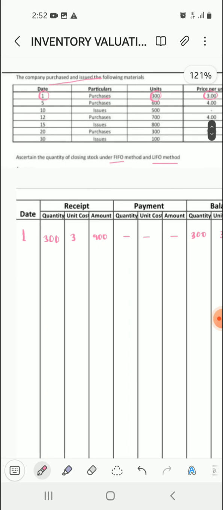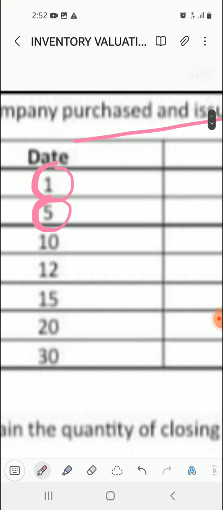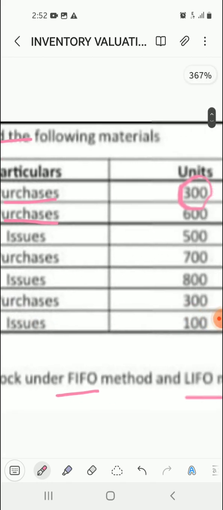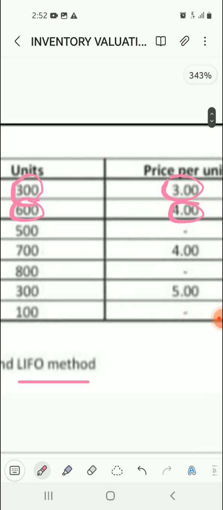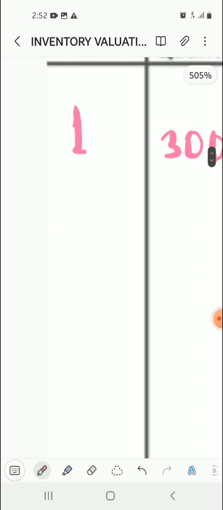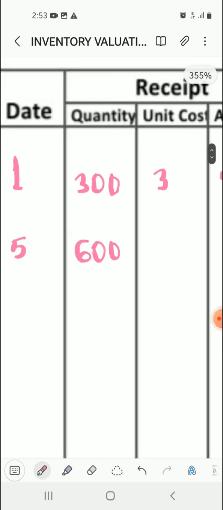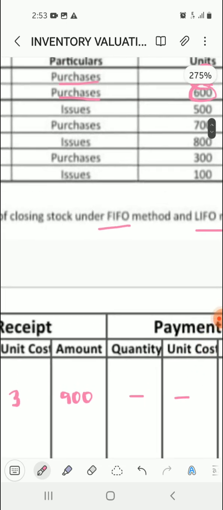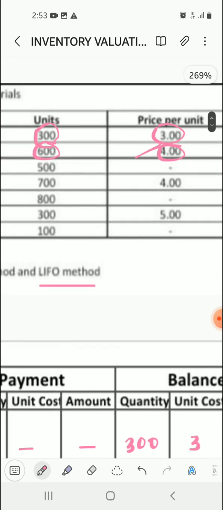Now we are going to proceed to the second date. The second date given to us is 5. There is again a purchase, the quantity is 600 and the price is 4 rupees per unit. So we are going to write it down now. Date 5. There is a further purchase of 600 units. The unit cost, that is the price per unit, was 4 rupees.